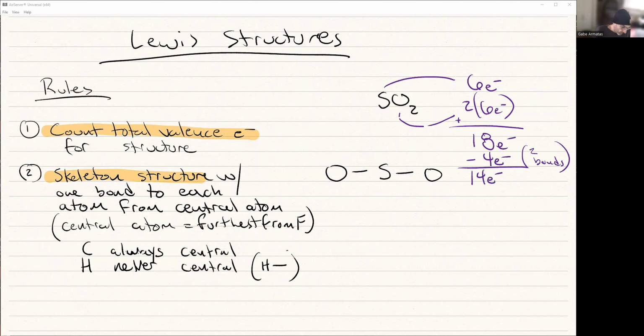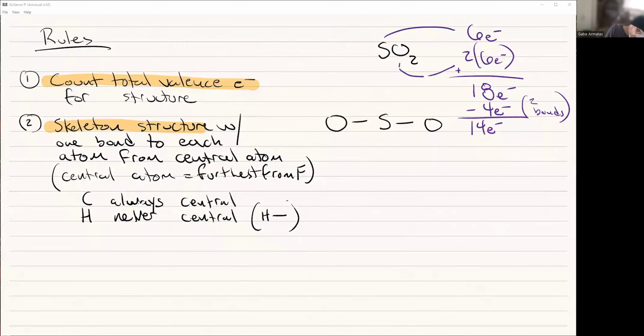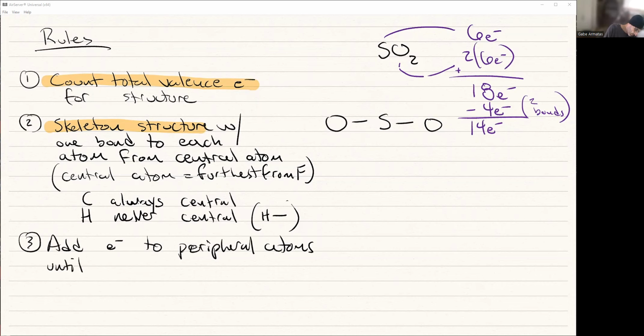Okay, all right, good. Step 3 is we are going to add electrons to peripheral atom or atoms until we have an octet. And an octet is just simply 8 electrons.